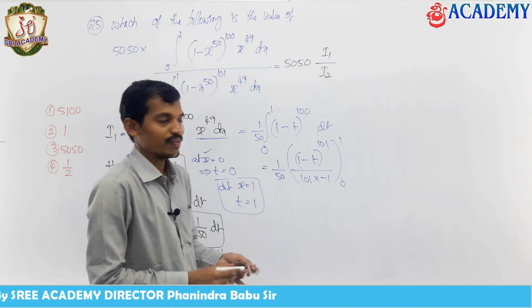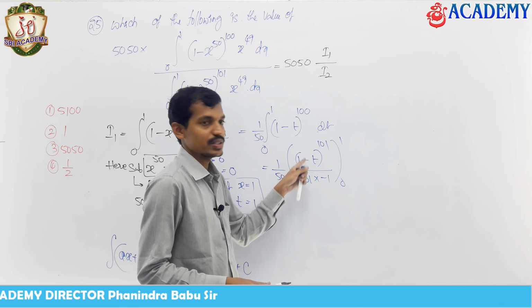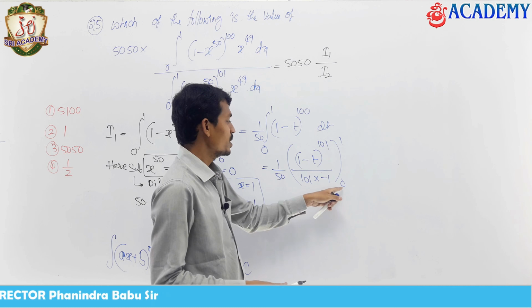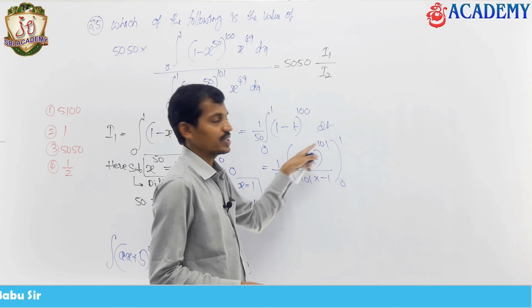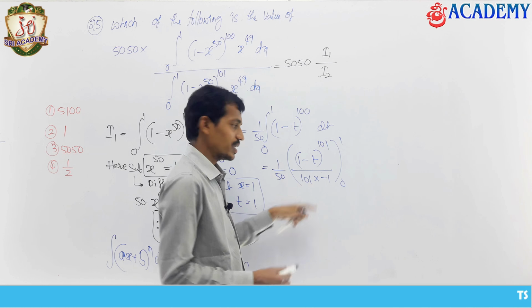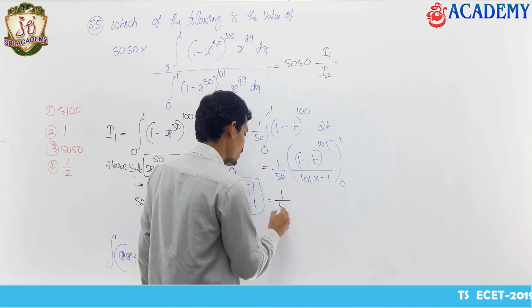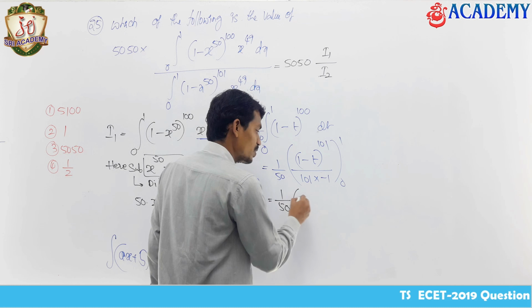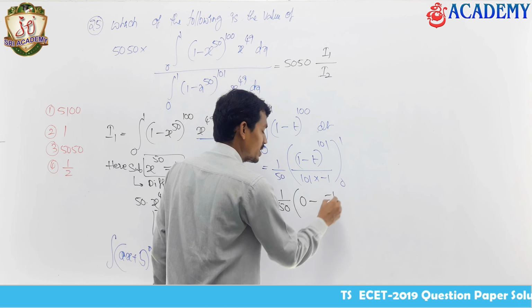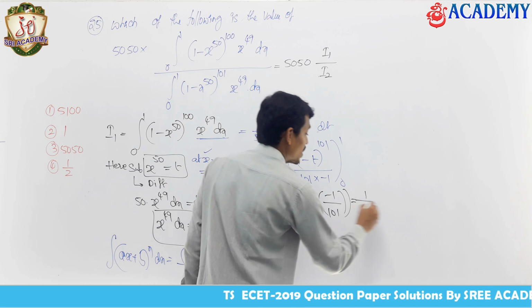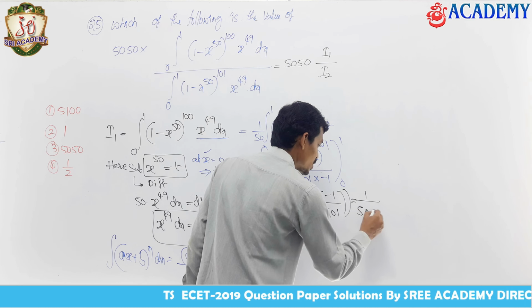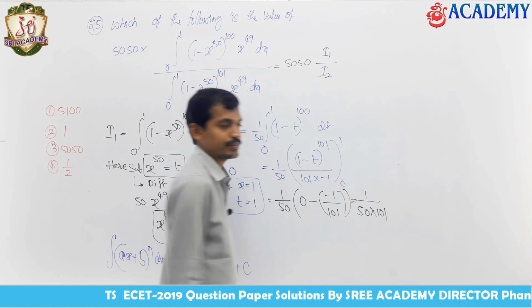If you substitute 1, you will get 1 minus 1, which is 0. 0 by something is nothing but 0. If you substitute 0, 1 minus 0 to the power of 101 is nothing but 1 divided by minus. You will get again 1 by 50 into 0 minus of already minus is minus by 101, that is going to be simply 1 by 50 into 101.